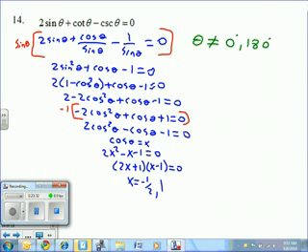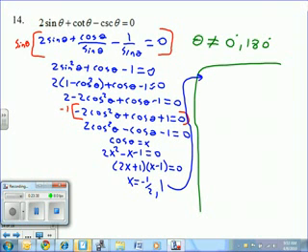Okay. And let's go back over here. So now we have cosine theta equals negative 1/2. And we have cosine theta equals 1. Right? So where is cosine negative?